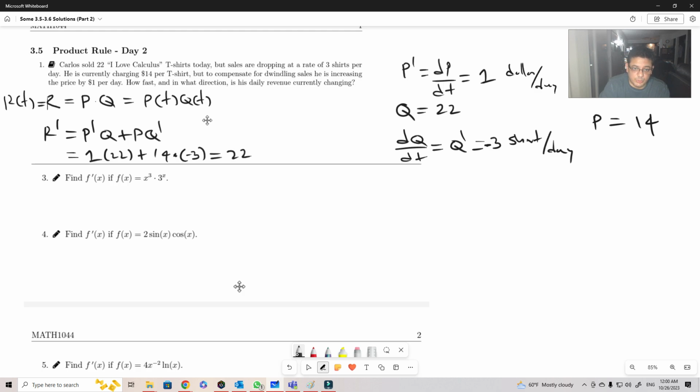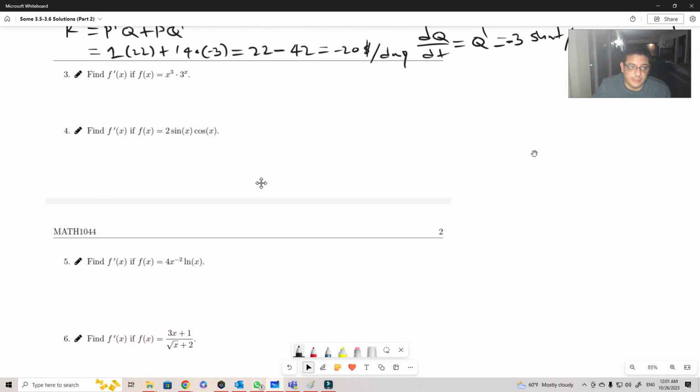So this is going to be 22 minus 42. And so it's minus $20 per day. How his revenue is currently changing. So it's starting to lose money. Now, so this is one example of one context that we can have for using the product rule.